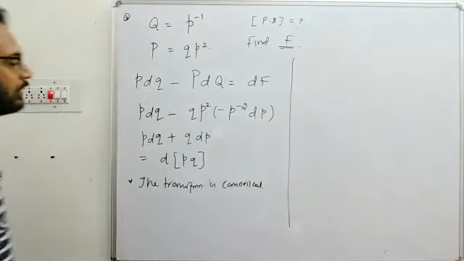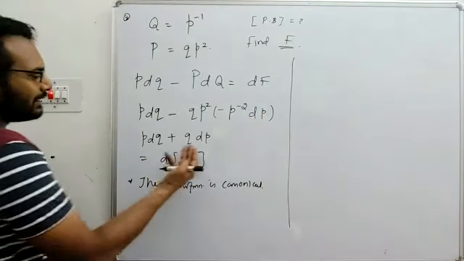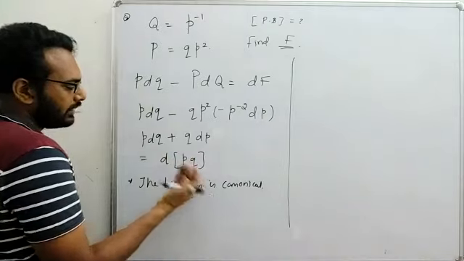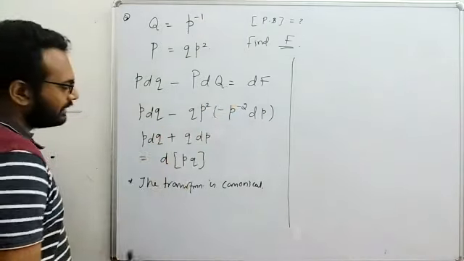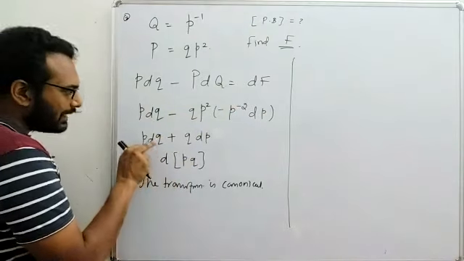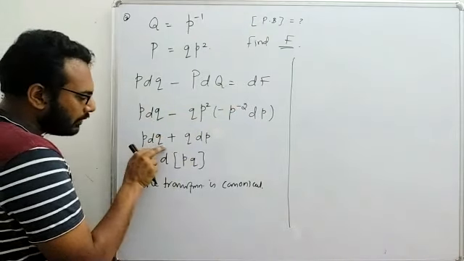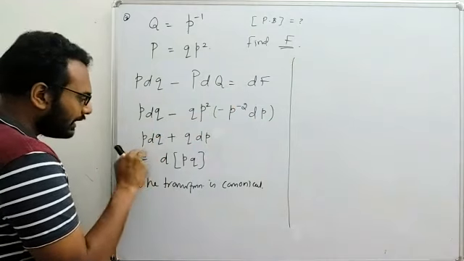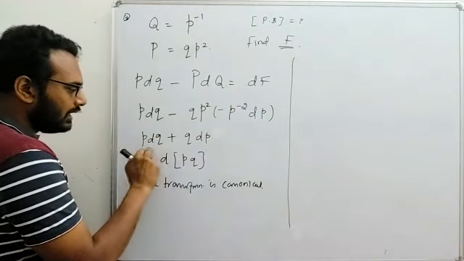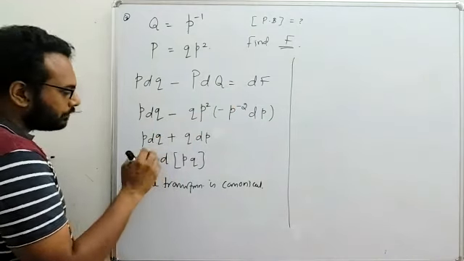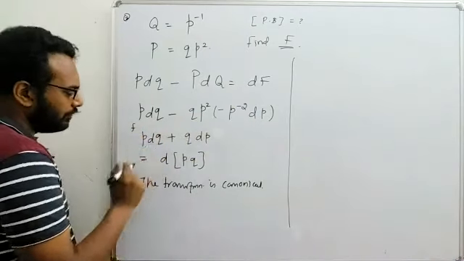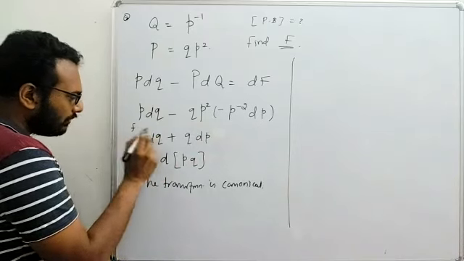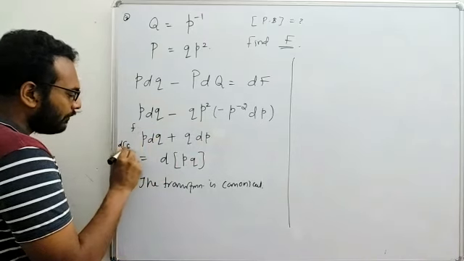We also need to find F. Now, if you get such a thing, you can always try such a combination. Sometimes when we try this, it may not be really obvious. Then the first thing you can do is try this combination. We have got p dq here, so just try d of p q. If you have got some function of p instead of p, you can simply always try d of f q.